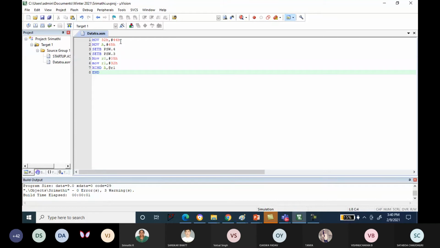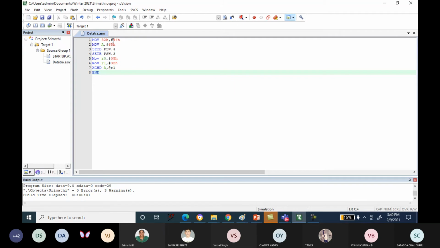Immediate addressing mode is nothing but whenever your data is a part of the instruction, that is said to be immediate addressing mode. Data will be placed as a part of the instruction. The hash symbol is not considered a pointer; only if you have a pointer, that is indirect.